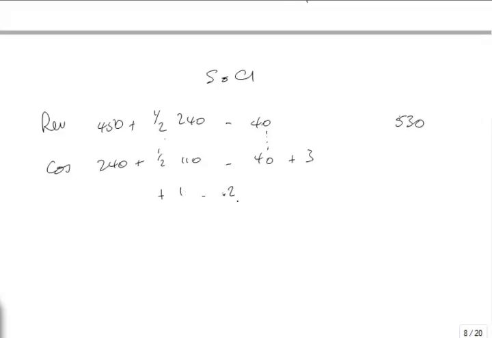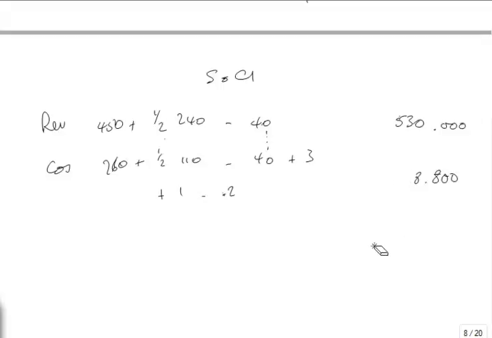Yeah, I think so. 240 plus 50 is 295, 255, 258, 259. Is it 258,800? Is that right? 240 plus 55 is 260. Where have I got 240 from? 260.